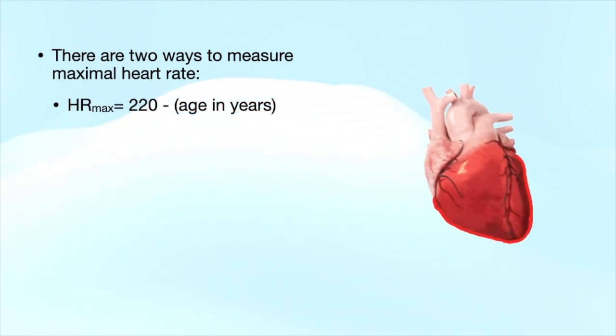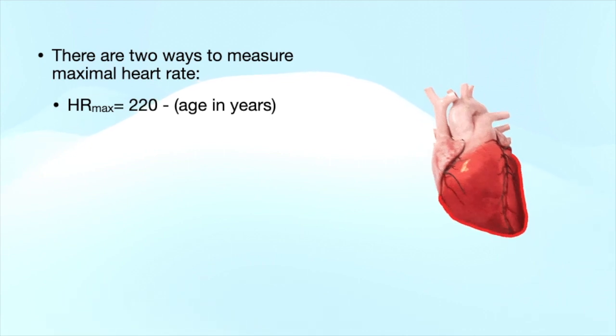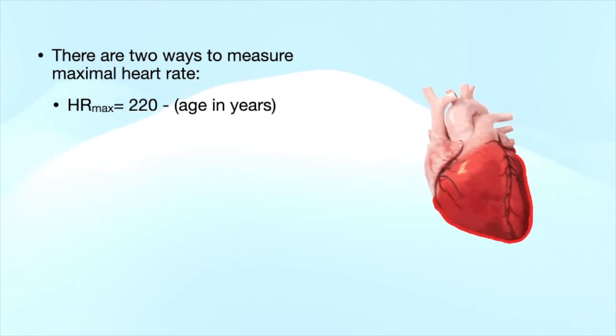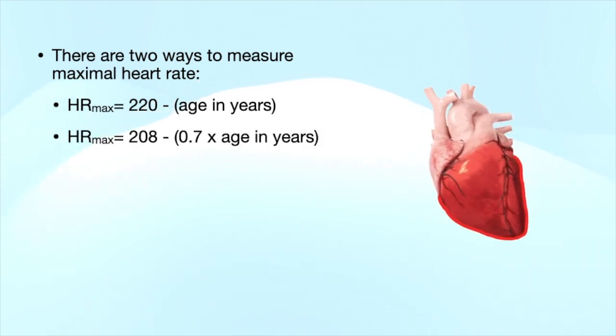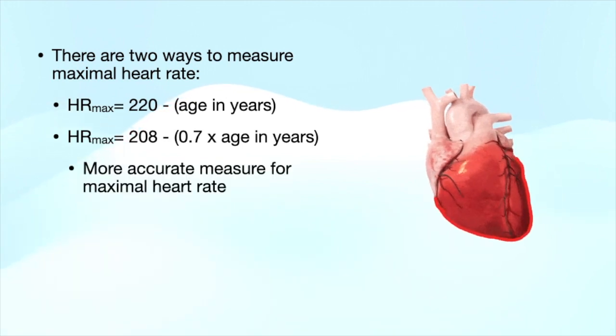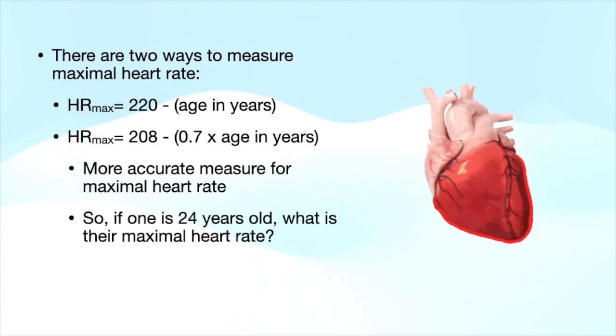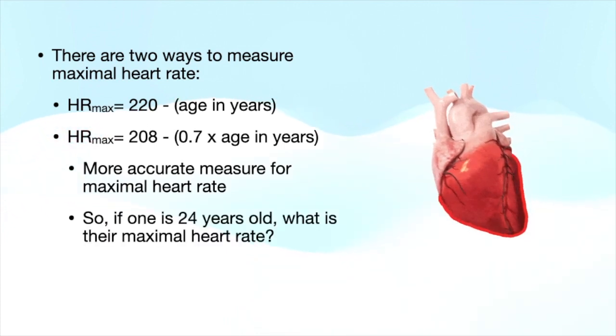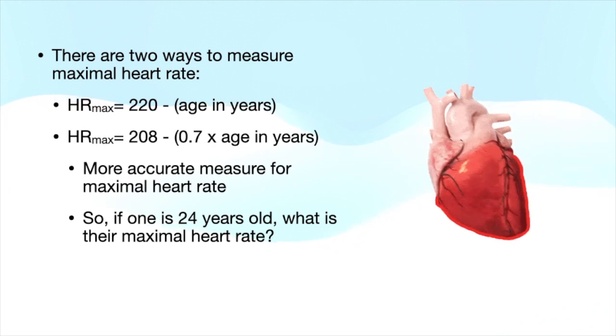So they devised a more accurate equation for our HR max. It's 208 minus 0.7 times age in years. So this is a more accurate measure for maximal heart rate. If one is 24 years old, using both equations, what is their maximal heart rate?